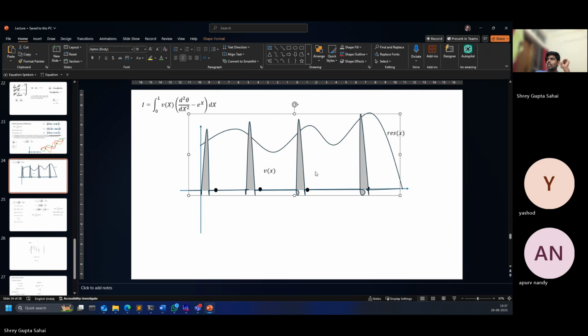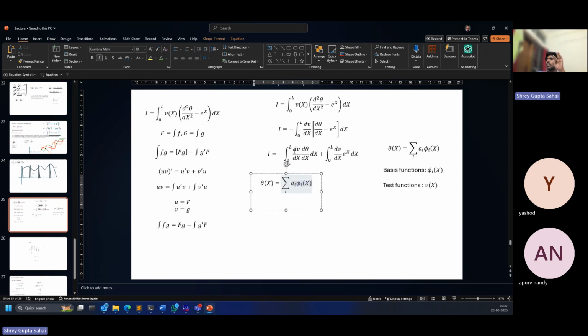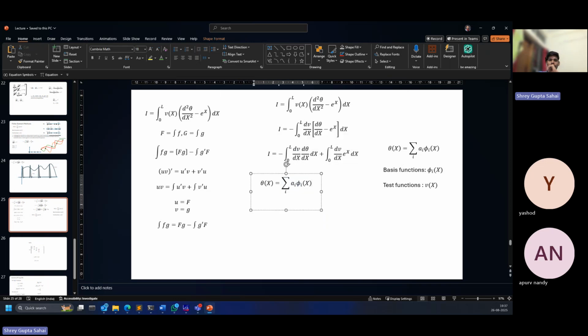These are not elements, but we actually need to integrate over only small volumes, first of all. The first simplification comes in our identification of v of x. How does our v of x look?